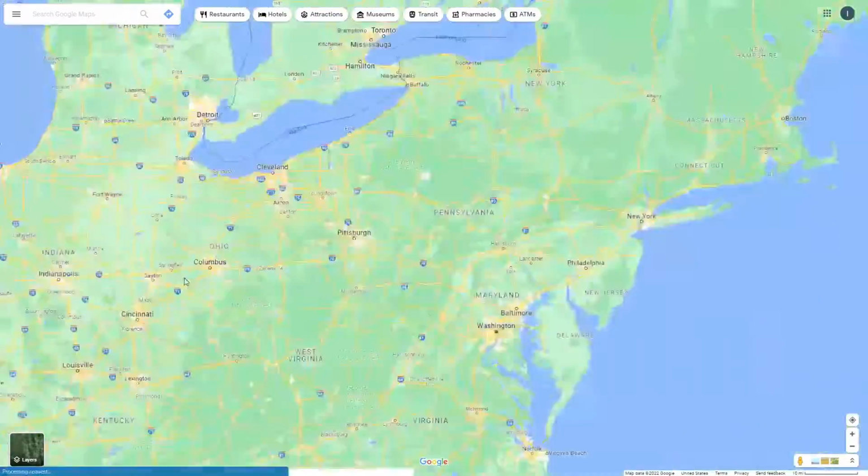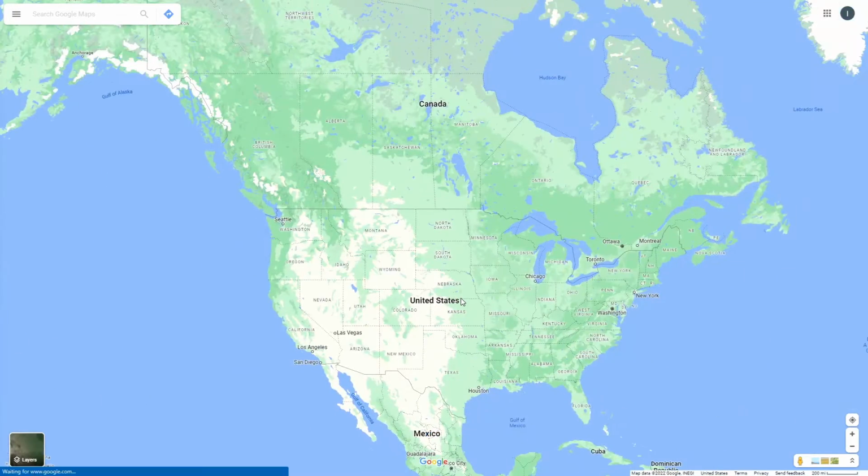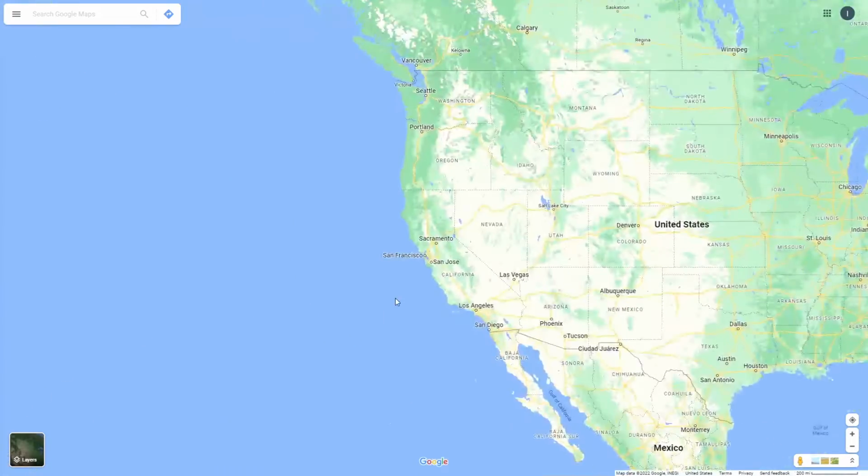So basically the numbering system is, alright, it's pretty complicated, but as you go east to west, all of the routes going south to north end with a 5 and they get progressively larger. So let's look at an example of that.